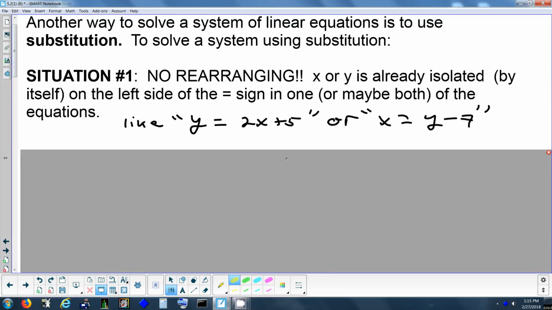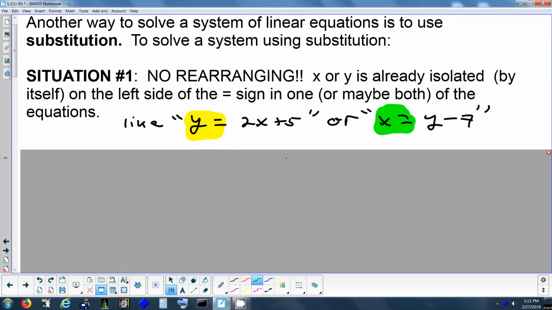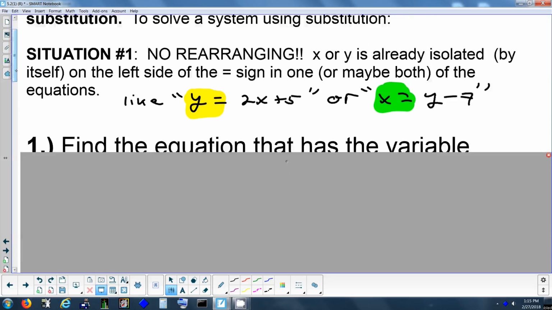That's when it's isolated. Sometimes we'll do a couple examples today where the variable is isolated in both equations. It might be y equals something in one, y equals something else in another.